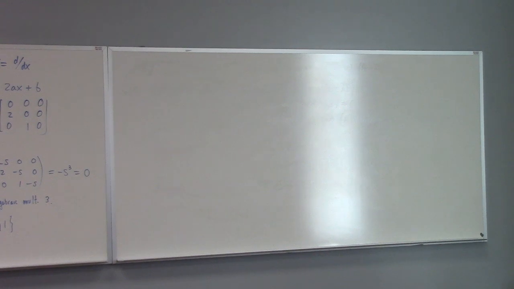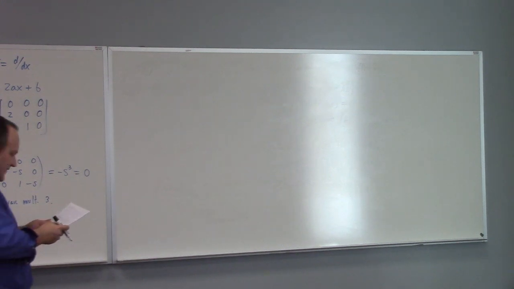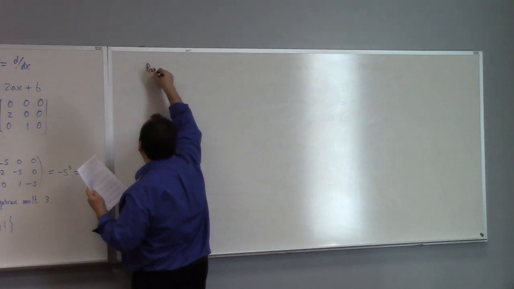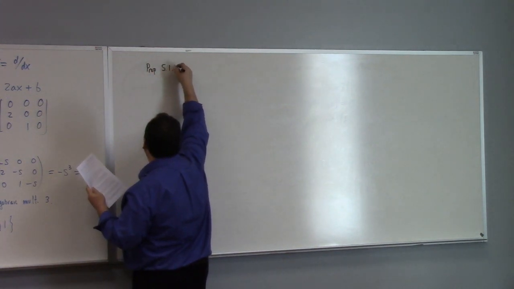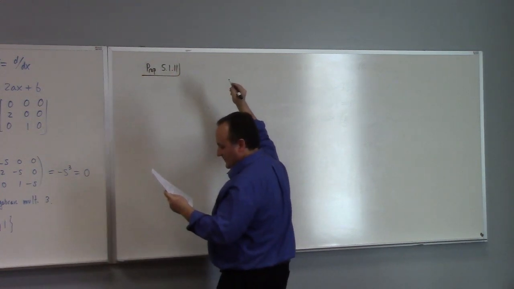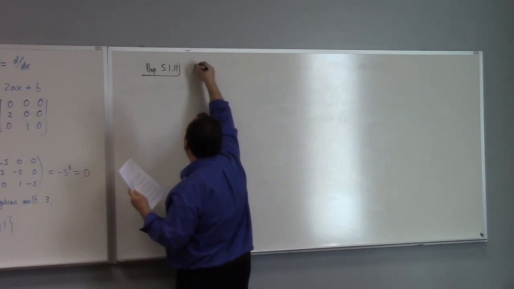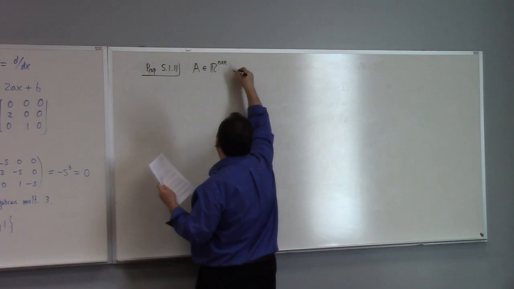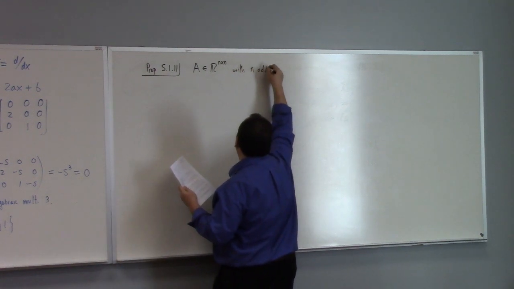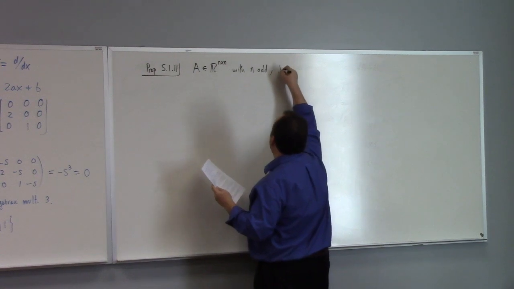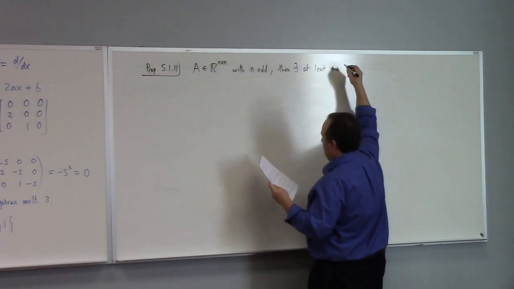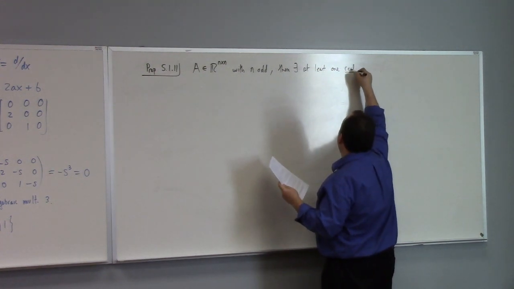But you can say more than that. You can say if a matrix is invertible, well, there's more you can say, but I think that's your homework. I won't say that. Proposition 5.111, let me be careful. It's very easy to stumble into your homework if I'm not careful. If you have A in R^(n by n) with n odd, then there exists at least one real eigenvalue.